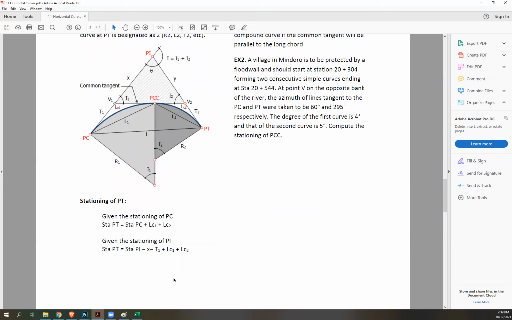Now, if what we're given is stationing of PI, okay, so that's station PI minus X, which is the distance of the first point of intersection to the combined point of intersection. So this is your X. And then T1, tangent length of your first curve, plus LC1 plus LC2. So basically, we want to go back to PC.